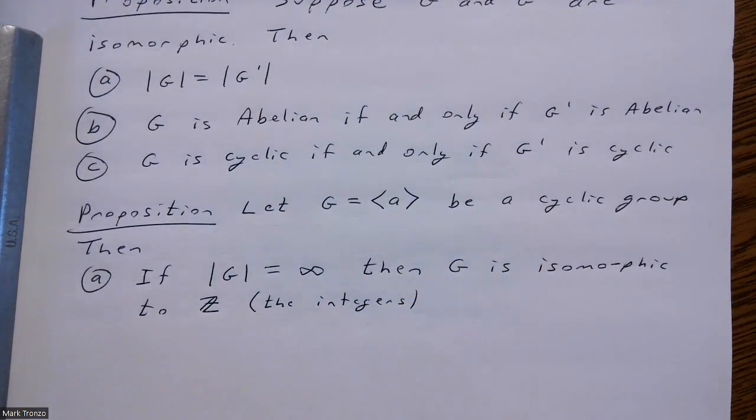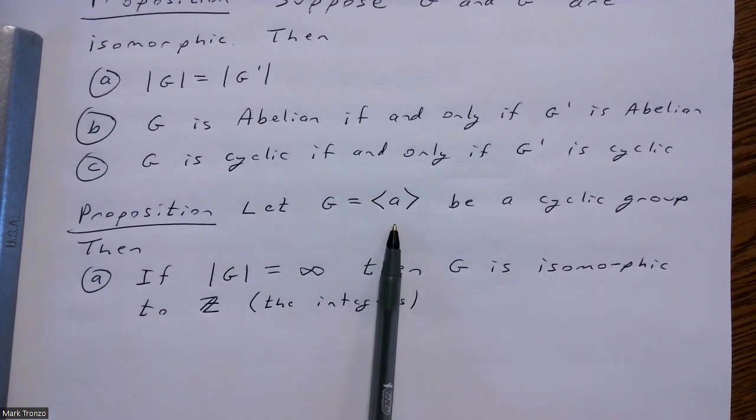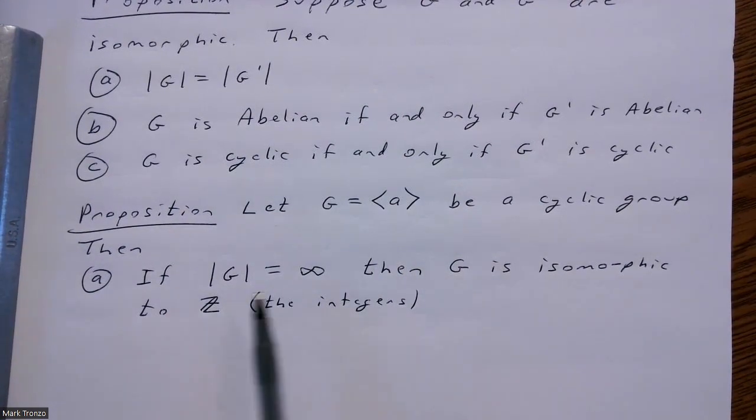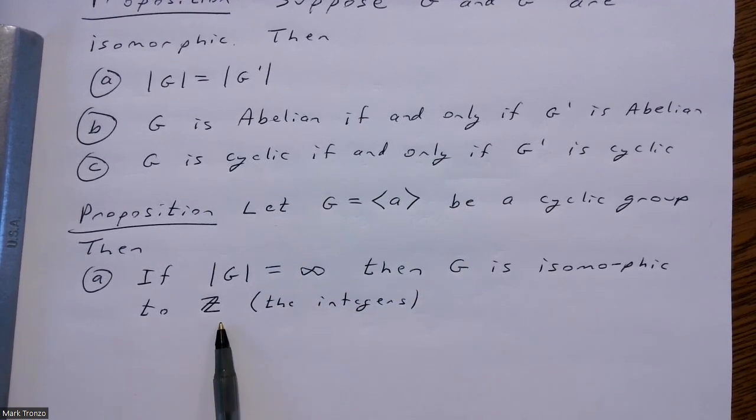So just take a look at that for a minute. This is saying if G is a cyclic group, generated by some element A, and if it happens to be infinite, then it's going to be isomorphic to the integers. In other words, there's going to be a one-to-one onto map to the integers.